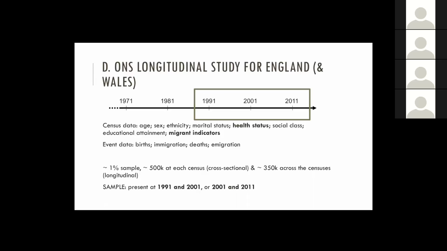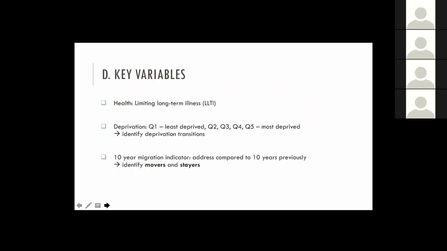And if we go back a little bit to what I was saying about international migrants, I wasn't interested in international moves. So anybody who was an international migrant, so has an address outside of England 10 years previously, is excluded from this sample. For the specific variables, I thought about health in terms of limiting long-term illness, so this is the presence or absence of limiting long-term illness.